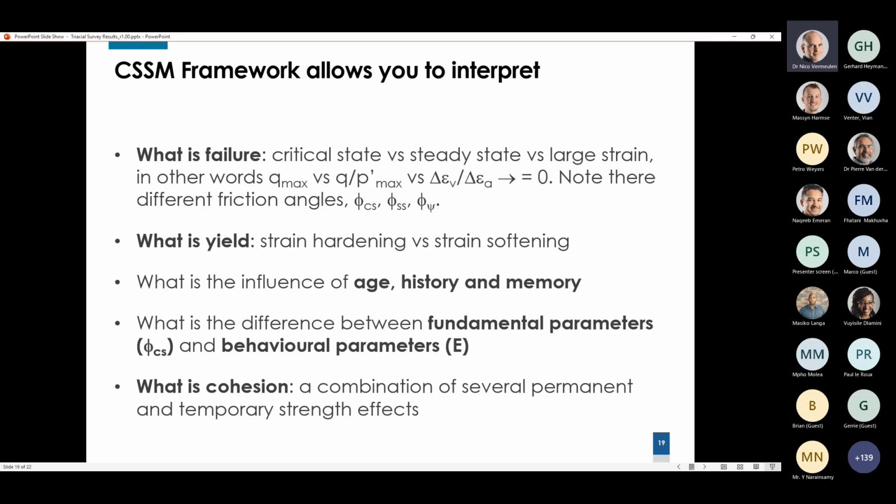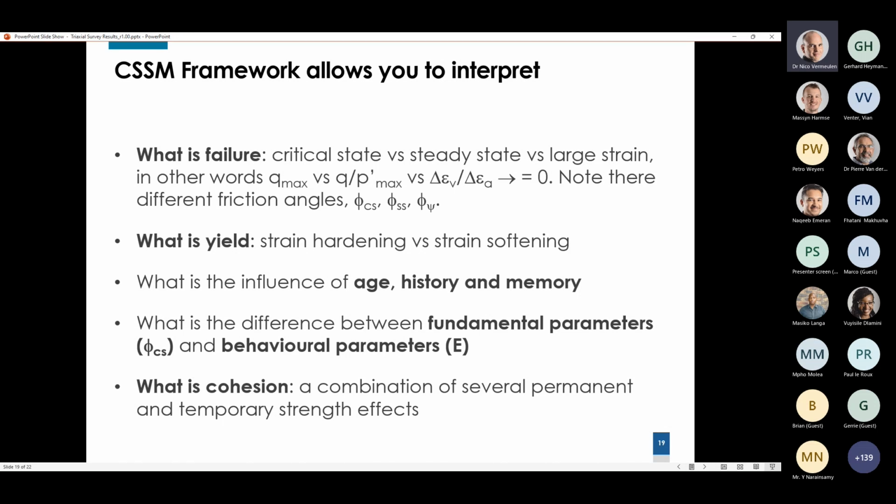Whereas something like, maybe a bad example, elastic modulus is a behavioral parameter because it's not a constant. The stiffness of the soil does not remain constant as the stress increases. And so we have to define that stiffness at a certain stress level or within a range of stresses, because it will not be the same if we increase the stresses beyond that. And then you get even more complicated parameters.